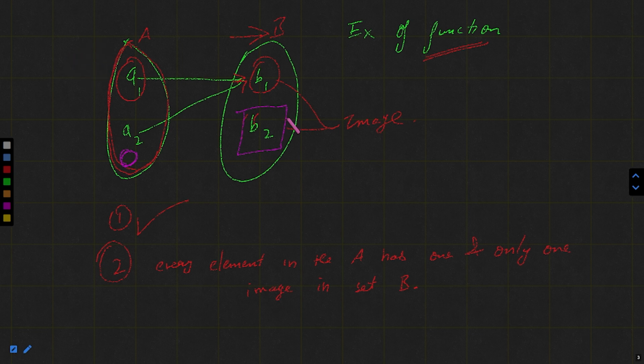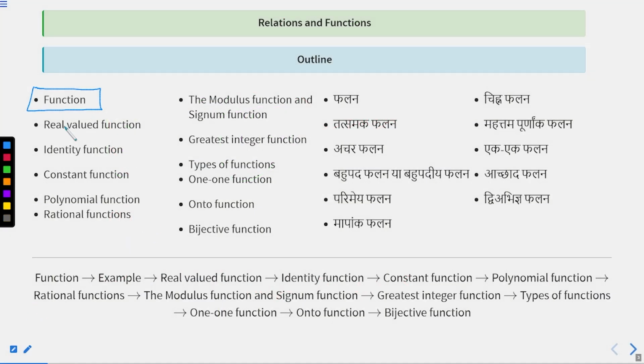I hope the two points are very clear to you, pictorially as well as by statements. Now in today's class we will cover real valued function, identity function, constant function, polynomial function, rational function, the modulus function, the signum function and the greatest integer function. We will cover these basic functions.